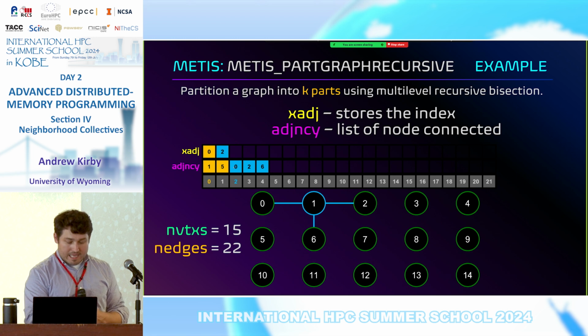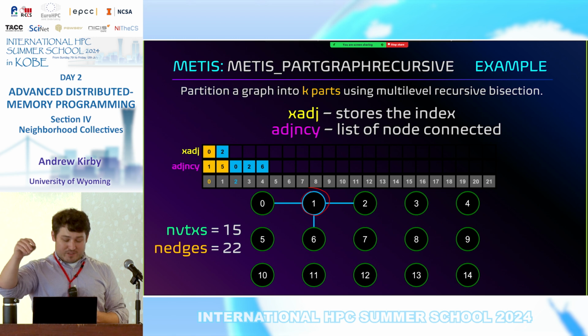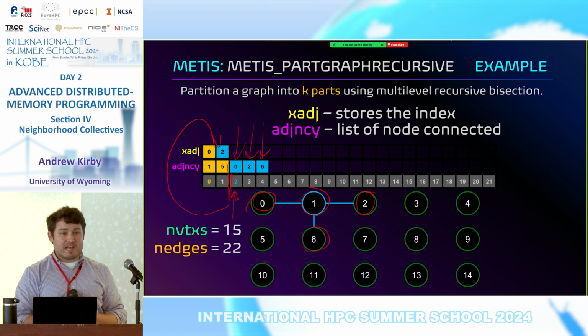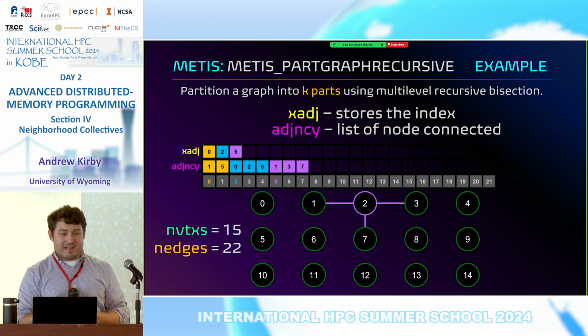Okay. Again, now we look at node 1, right, from my labeling. Who is it connected to? It's connected to 0, 2, and 6. So I'm packing 0, 2, and 6. Now, where did it start? It started at index 2. So I put the index into that spot for node 1. Next, do you see the pattern?